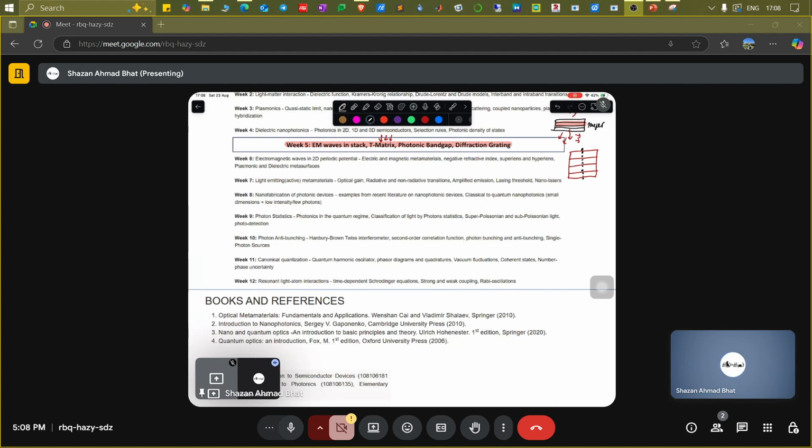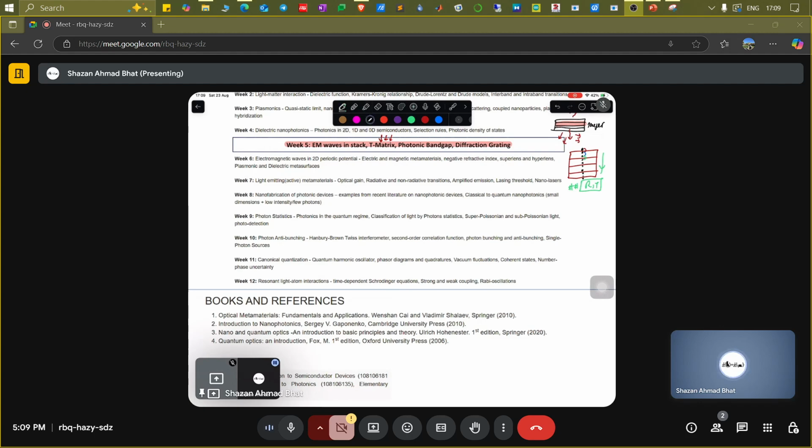You can relate the reflection and transmission amplitudes at one point to the next, and so on. In a stack, as you go, you will be able to know the reflection and transmission of the electromagnetic wave along this stack using the T matrix approach.